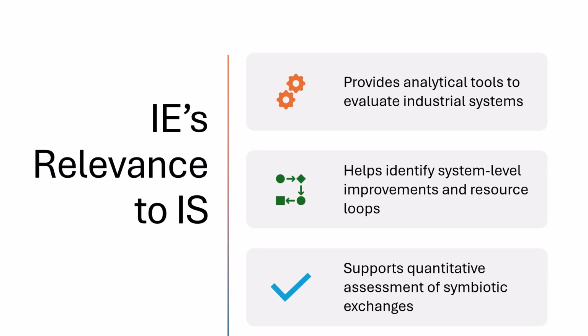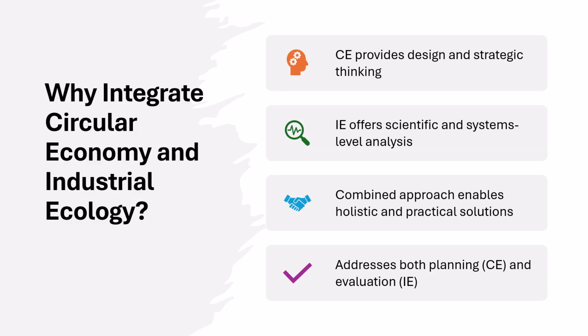It works together. Why integrate circular economy and industrial ecology? Because circular economy provides design and strategic thinking, while IE offers scientific and system level analysis. So industrial ecology will provide the scientific and system level analysis, while the CE provides the design and how this can be done.